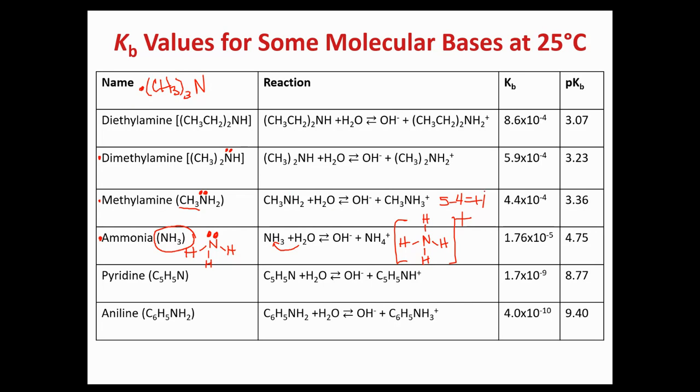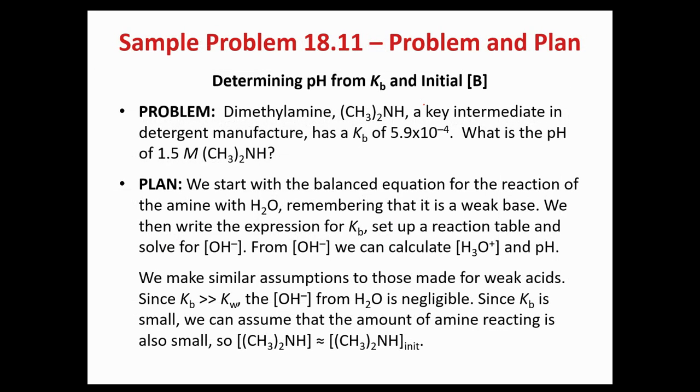Notice they have Kb values, and there is also such a thing as pKb, which is just the negative log of the Kb. Let's say we want to know the pH from the pKb and the initial base concentration. Here's our dimethylamine.